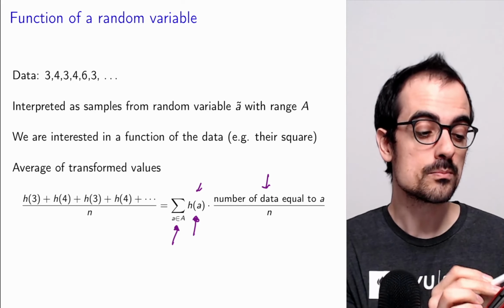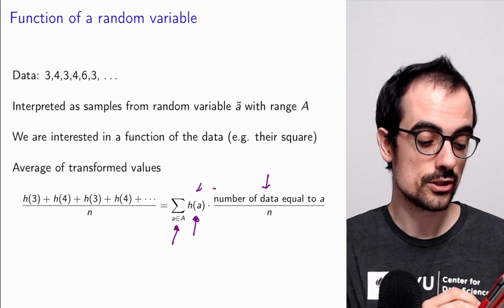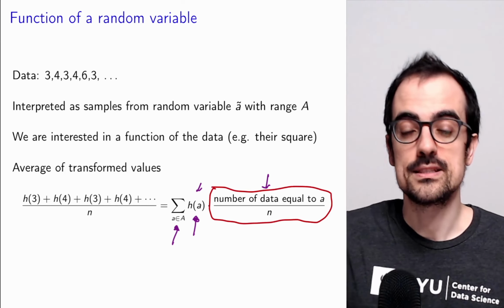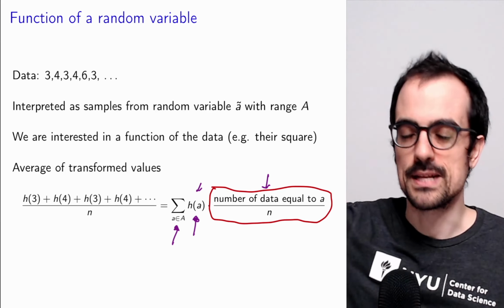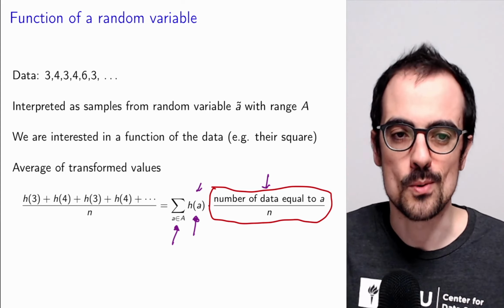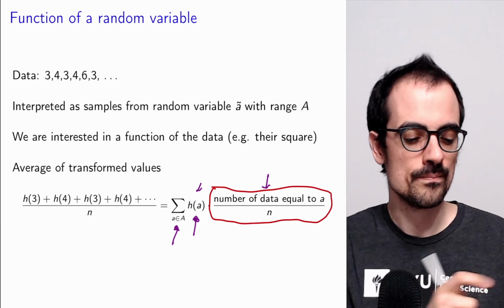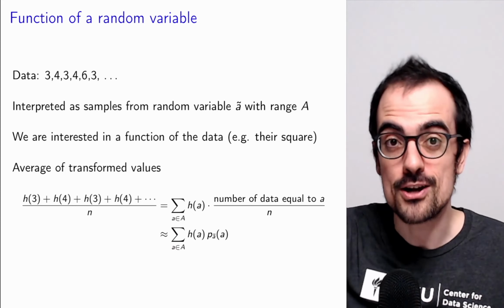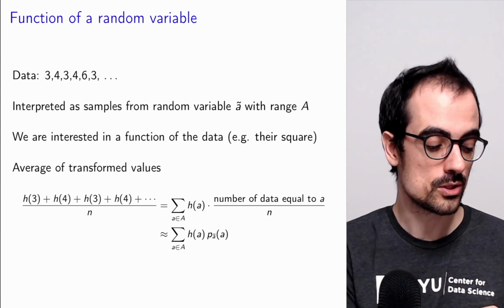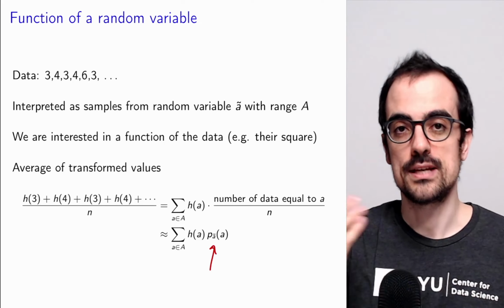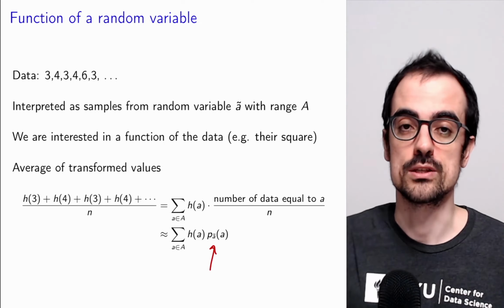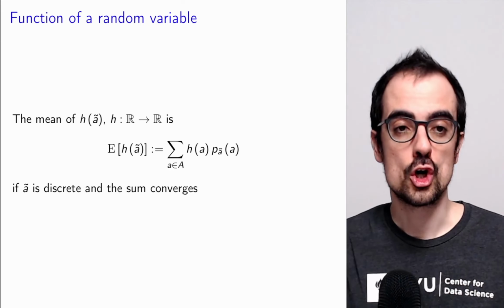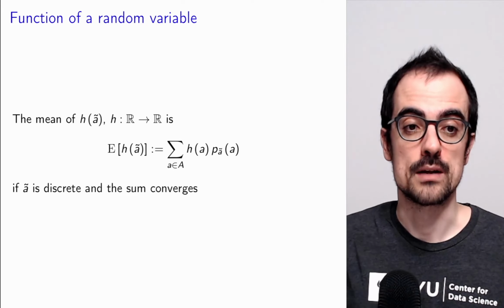And again, we have an expression where we have this fraction of the data equal to each of these values. That is just equal to the probability. When we have many, many samples, intuitively it equals the probability that the random variable is equal to those values. So now we have an expression for the mean of a function of a random variable, again in terms of the probability mass function, which gives us the probability that the random variable is equal to each of its possible values. And this is how we define the mean of a function of a random variable.